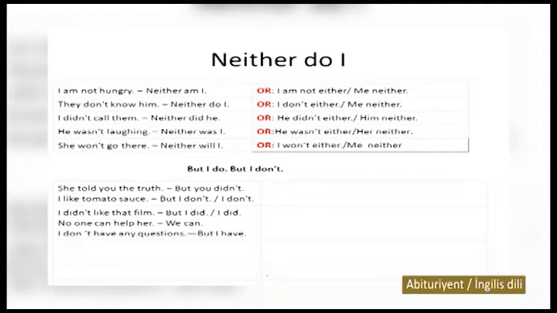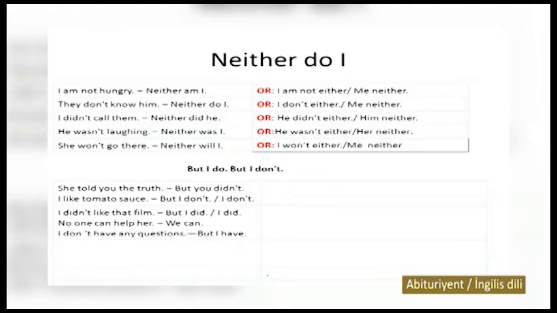I don't either. And remember, either comes at the end, but neither comes at the beginning. So comes at the beginning, too comes at the end of the sentence. I don't either, or I don't know either, or me neither.